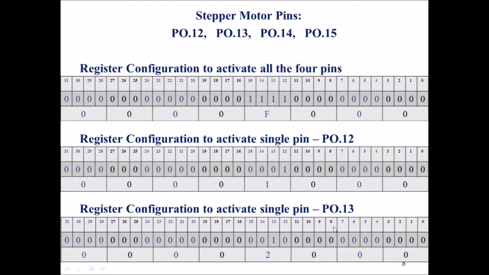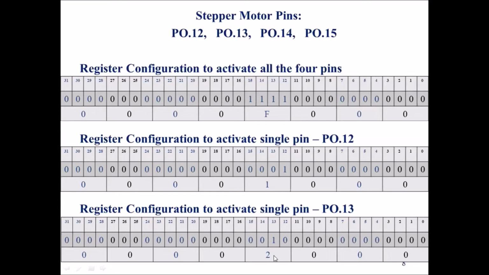So likewise, let's see how to activate port 0 pin 13. Under 13 you need to write 1, and under all other pins we should write 0. If you convert this binary number to hexadecimal, the binary number is 0010, which is 2 in hexadecimal.